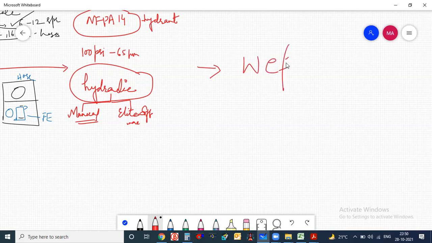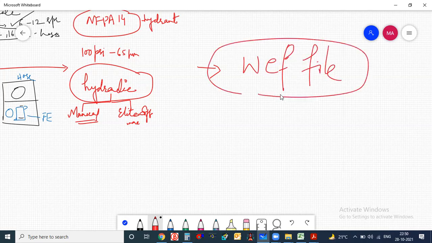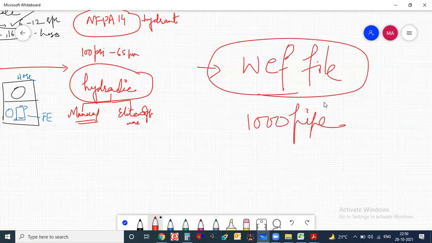You need to download that web file. If you download this WF file, the 1000 node pipe software will be activated. So that I will share with you. We are just going slowly, because if I share everything, it will be very difficult for you. So that's why we are going slowly.